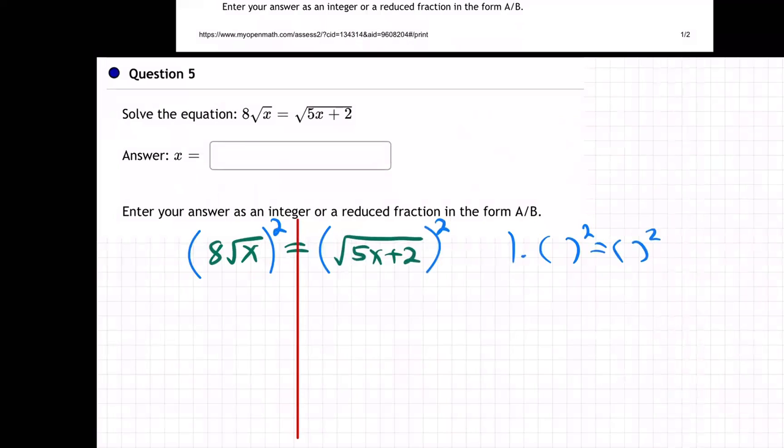Okay, so what does that always do? Whenever we two power, it means two of them, right? So I'm going to write two of them. So it's going to be 8 square root of x, 8 square root of x on the other side.